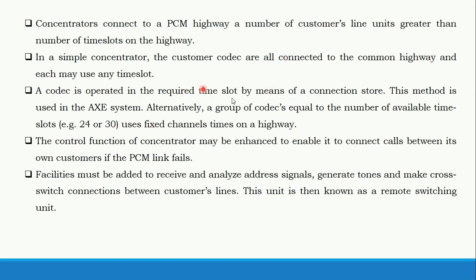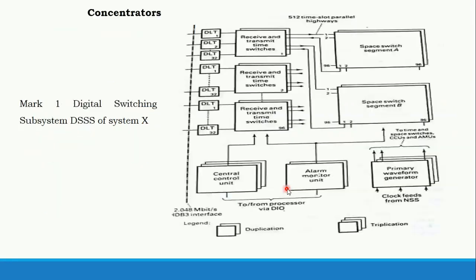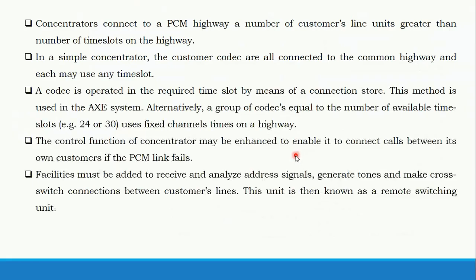So the group of the connection store works, and if you have a connection store used in the space switch, you will be having codecs, that means coder and decoder, which will convert it, and all the facilities will be given, that means some remote switching, for example. So here the subscriber connection is not given, those are connected with a remote switching technique.